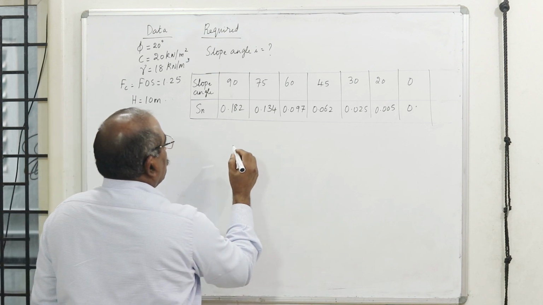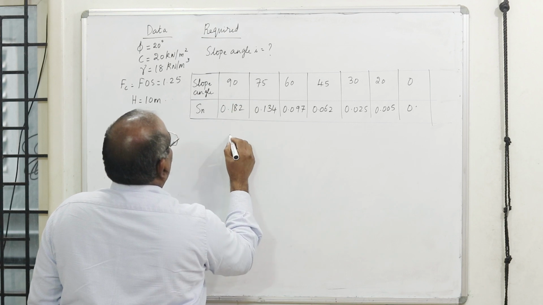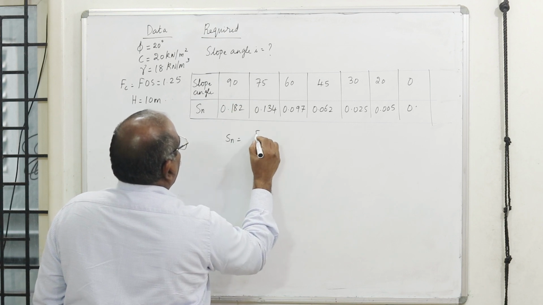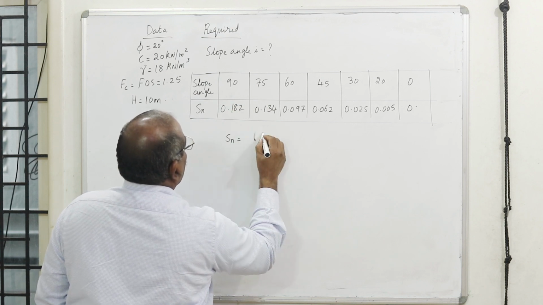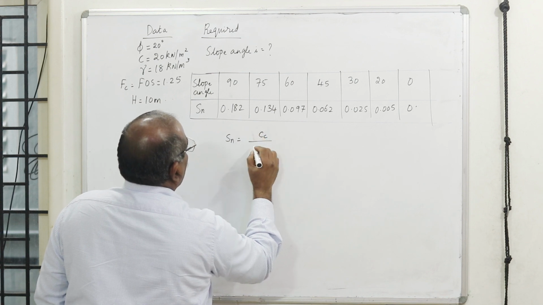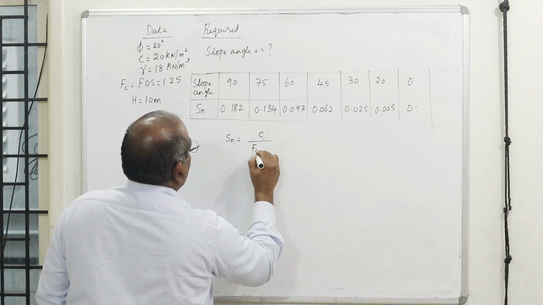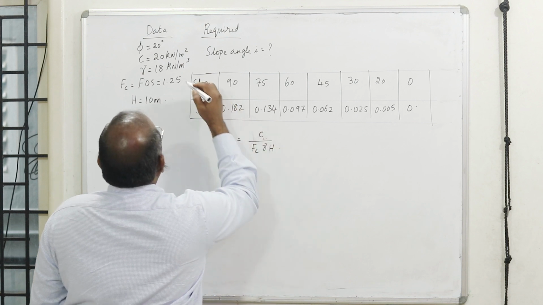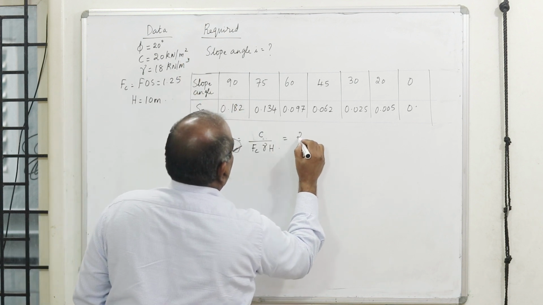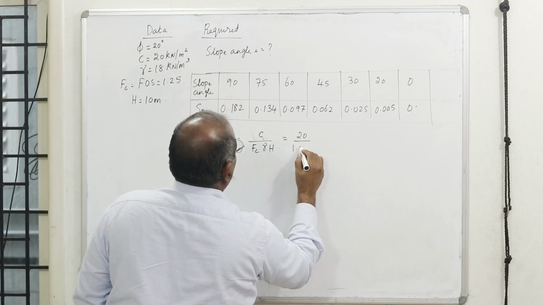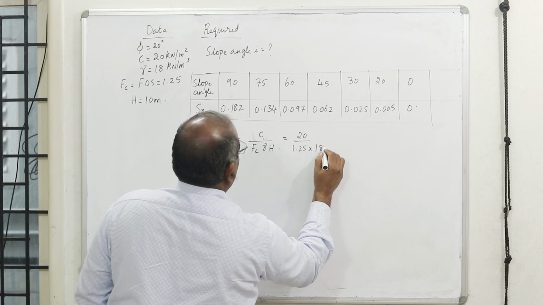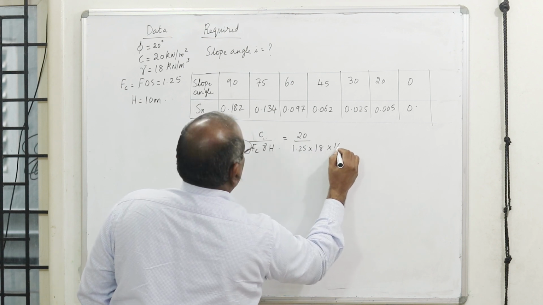Now, first to find out what is Sn. Sn is equal to C by Fc gamma H. C is given, this is 20, the factor of safety is given as 1.25, gamma is 18, H is 10 meters.